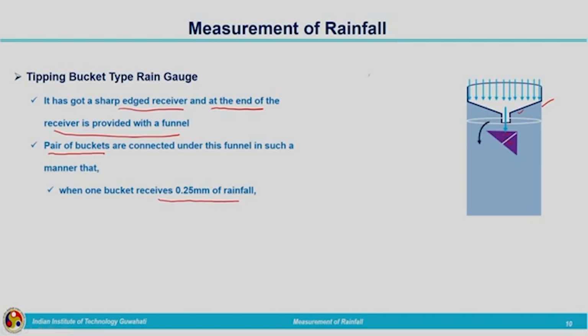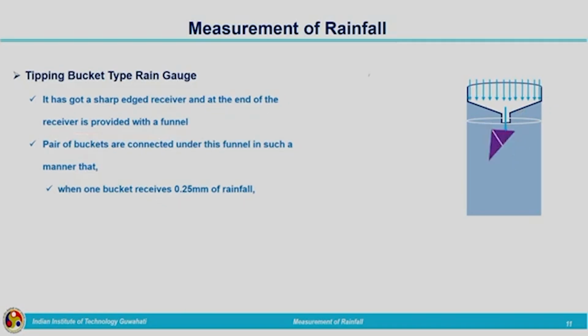It will tip, that is, it will move in this direction, and the other bucket will be located beneath the funnel this way. The first bucket will be emptied into the receiver. When one bucket receives 0.25 millimeters of rainfall, it tips.